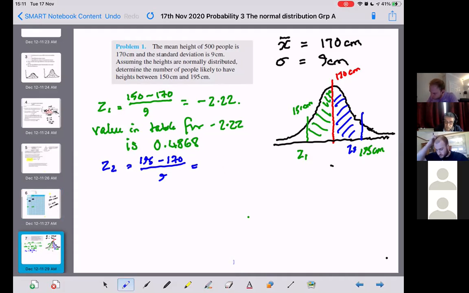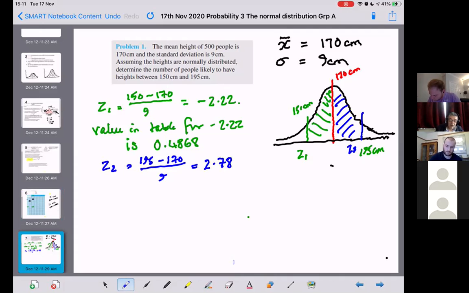I got 2.7 reoccurring. Would you take that as 2.78? Yeah, because reoccurring means 2.777, therefore you'd round up the third digit to 8.